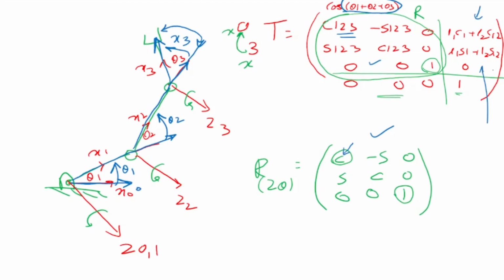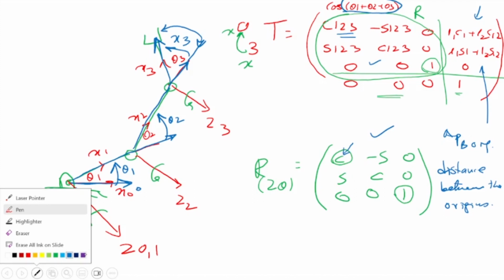Now that part is what we said, the distance between the origins. If I see the distance between the origins, then where is my third origin? My third origin is here.